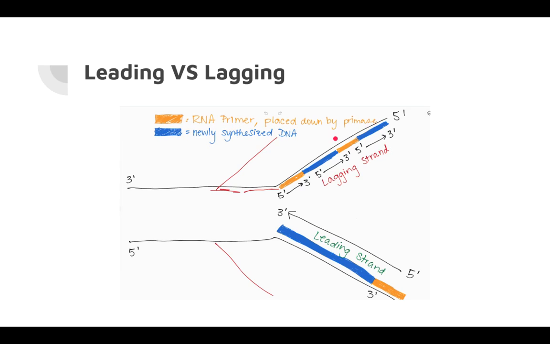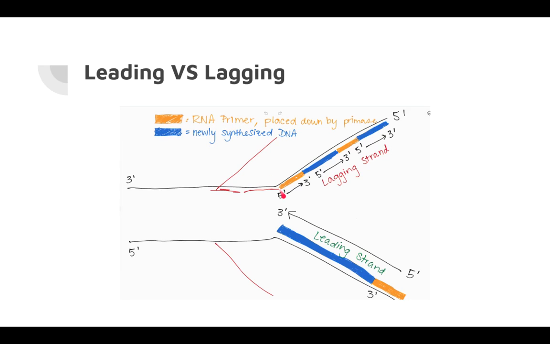So as this fork opens up more and more, we're going to have a primer here. If the fork opened up here, we're going to have a primer here, and we're going to synthesize DNA right here. The fork opens up again right here. Put a primer here, new DNA here. It'll open up again. Put a primer here, or rather right here, new DNA here.